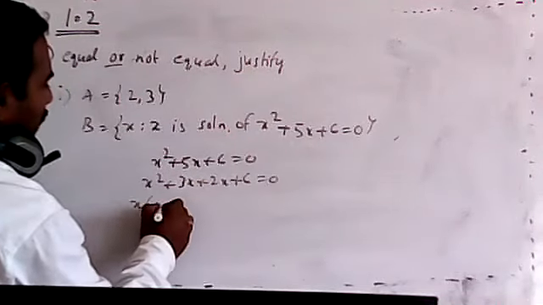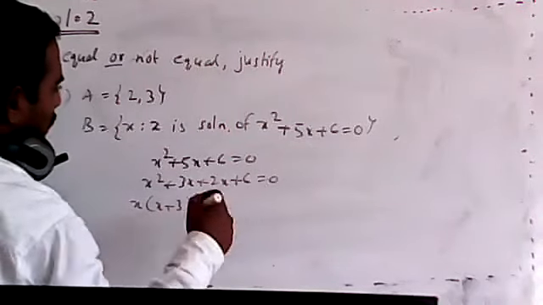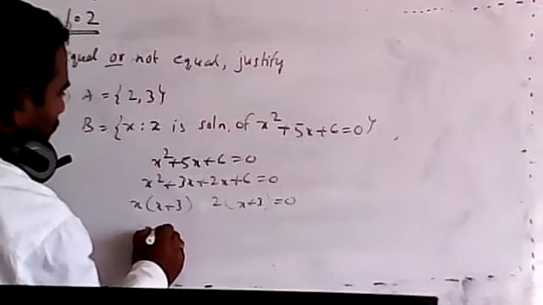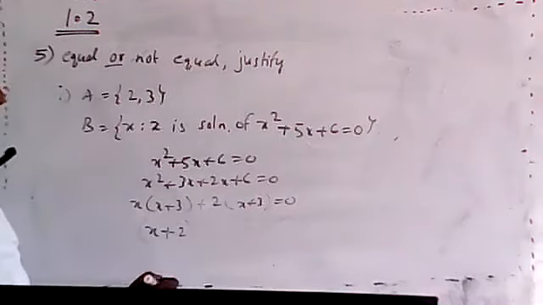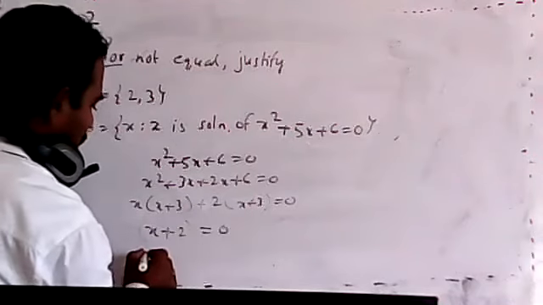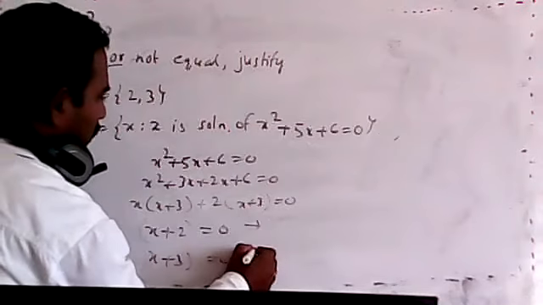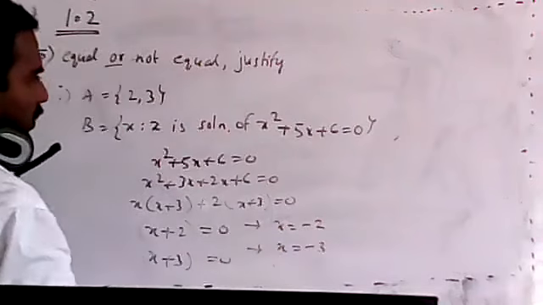Take x common here, x plus 3, again here 2 common, it is x plus 3, x plus 2, right? Is equal to 0. x plus 2 is equal to 0, and x plus 3 is equal to 0. If you equate now, x is equal to -2, x is equal to -3.